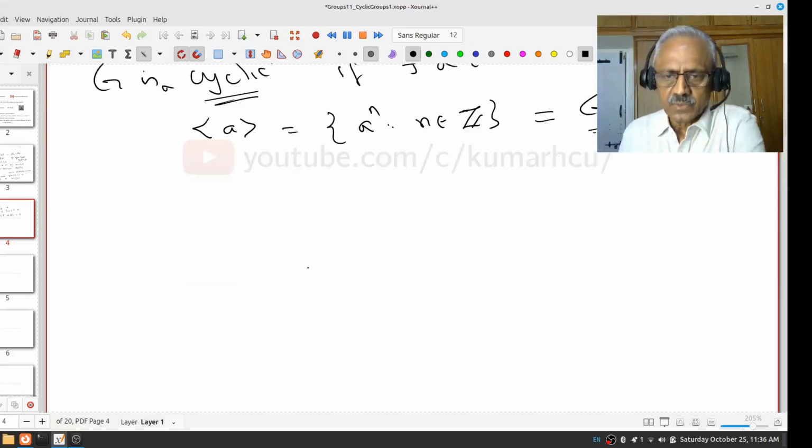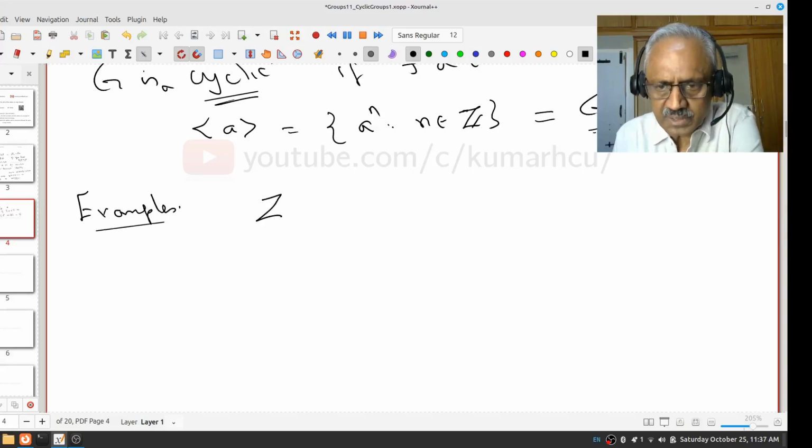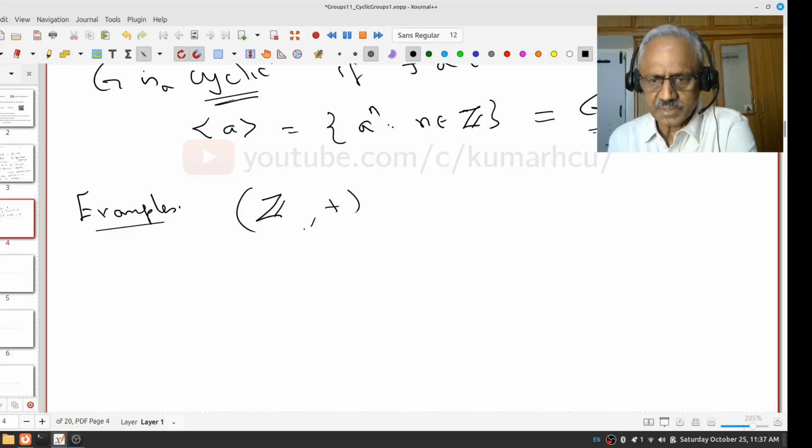Right. So let us look at examples of cyclic groups, or non-cyclic groups also. The first important example is the additive group of integers.